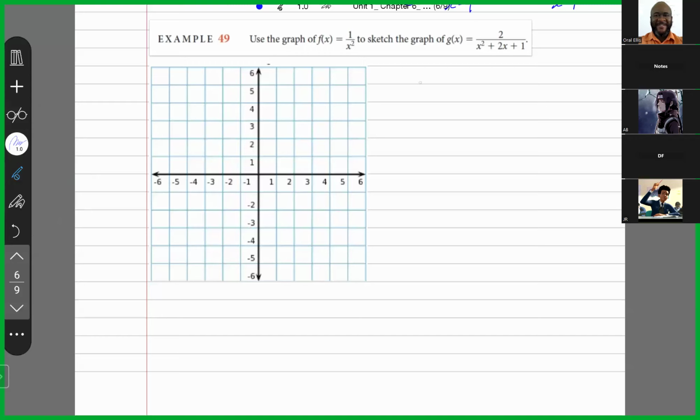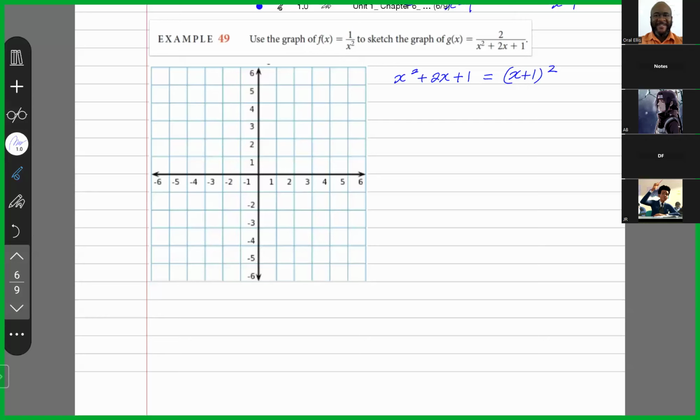First of all, we're going to need to complete the square for this. X squared plus 2x plus 1 is the same as saying (x plus 1) all squared.